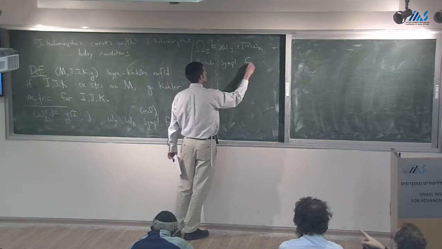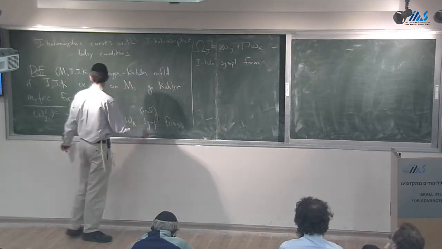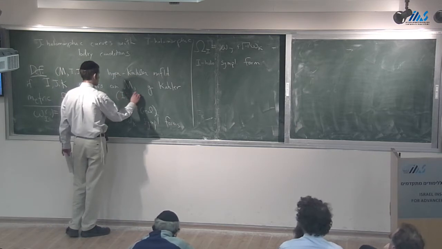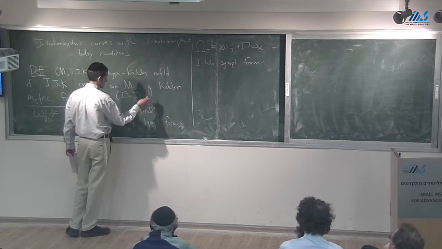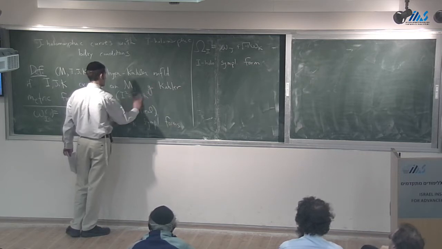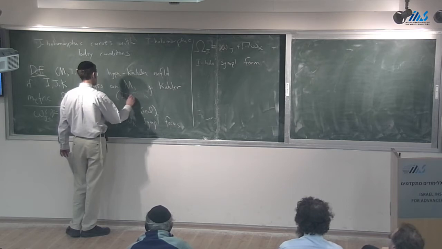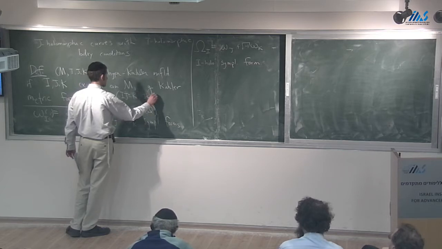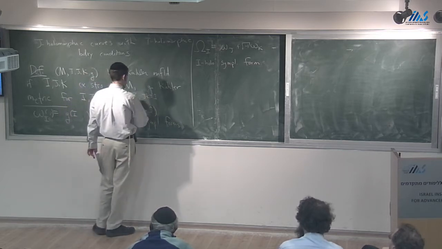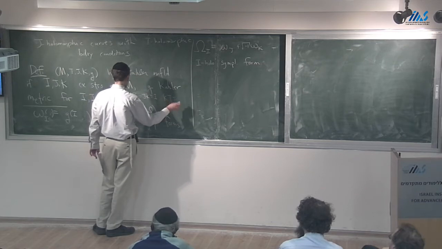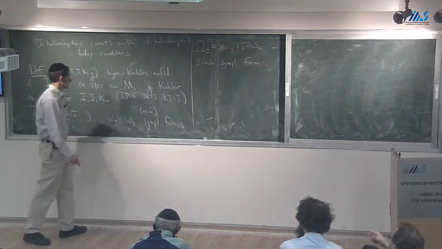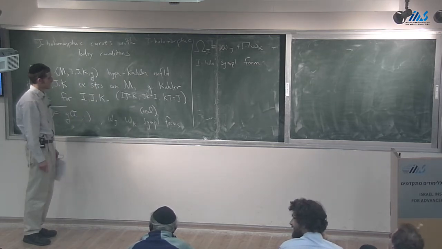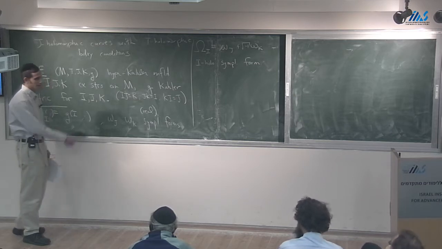So you need also to ask for the quaternion relation: I squared equals J squared equals K squared equals minus one, IJ equals K, JK equals I, and KI equals J, and also the opposite.